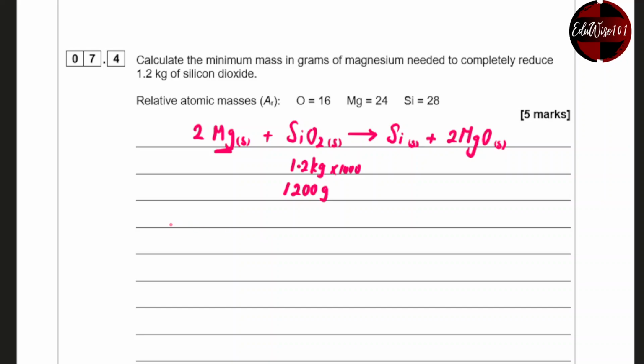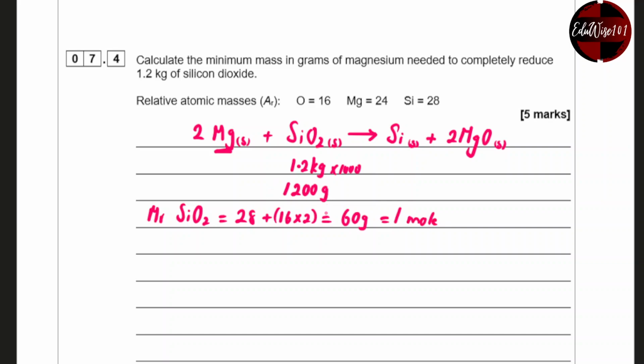So the molar mass of silicon dioxide is equal to silicon, which is 28 as they have given here, plus oxygen, which is 16 times 2, that gives you a molar mass of 60 grams. So 1 mole equals 60 grams.